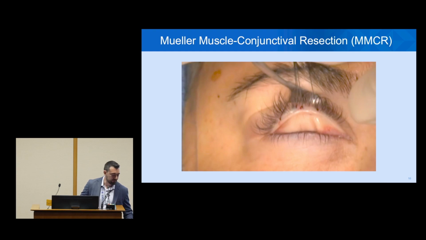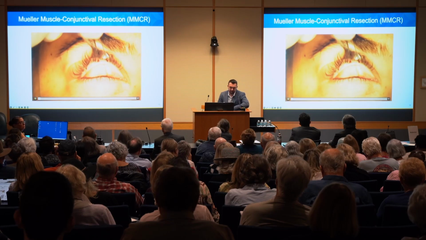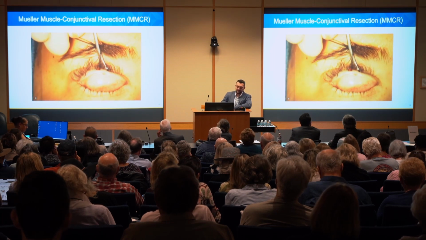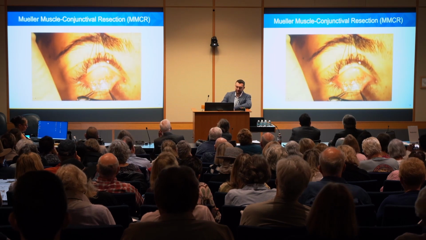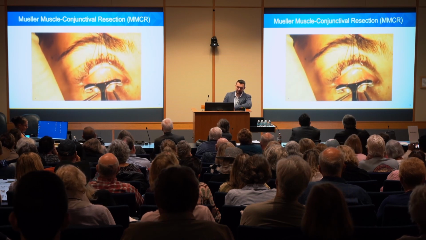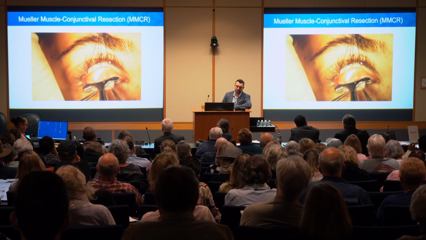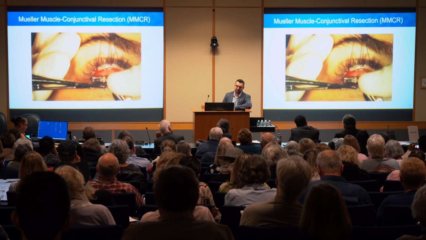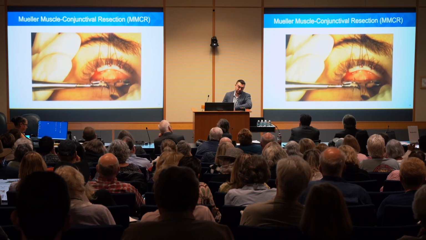What I'm showing you here is that we flip the eyelid over, this patient's asleep, and you see there's a line right here that you are grabbing, which is Mueller's muscle. You grab it with this special clamp, and then you cut off that muscle to strengthen it, and then you suture it back together.